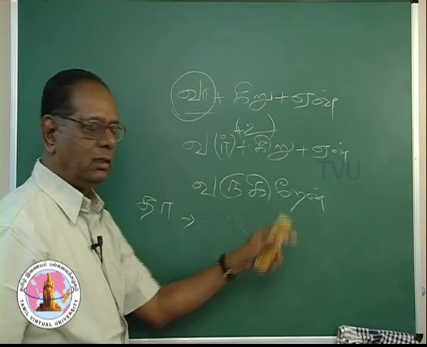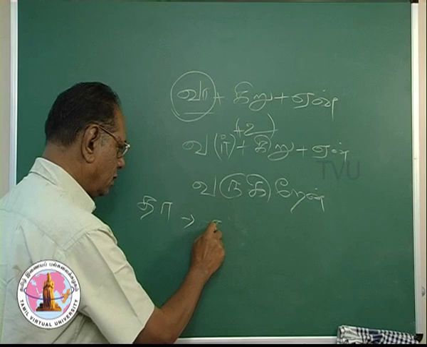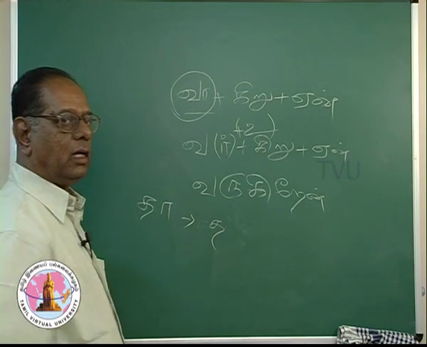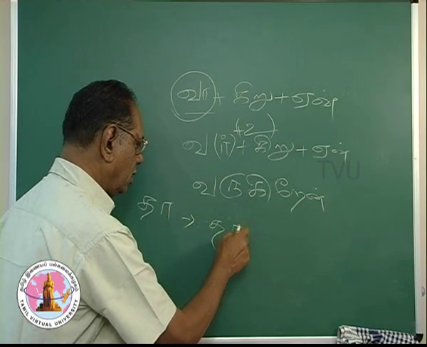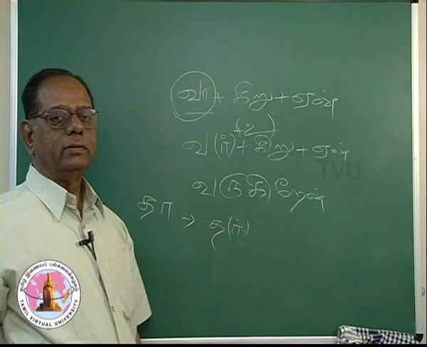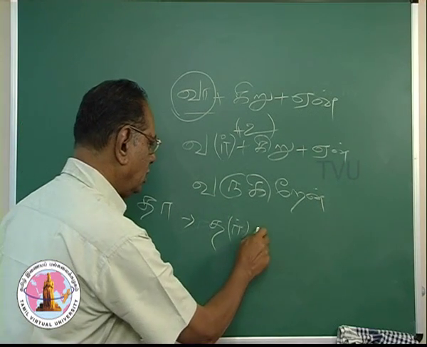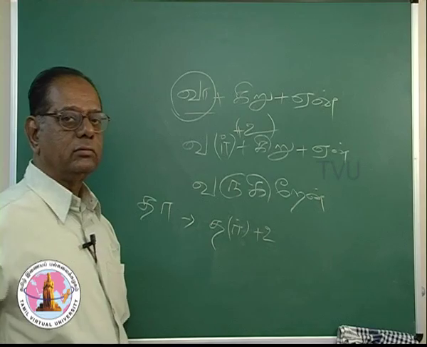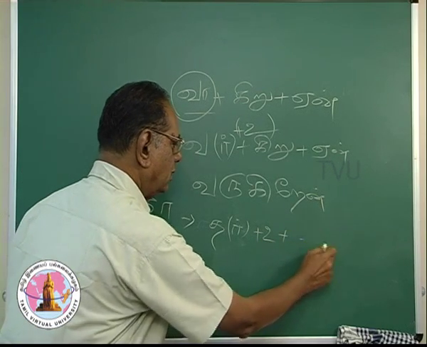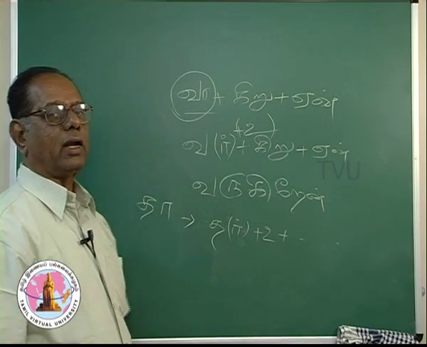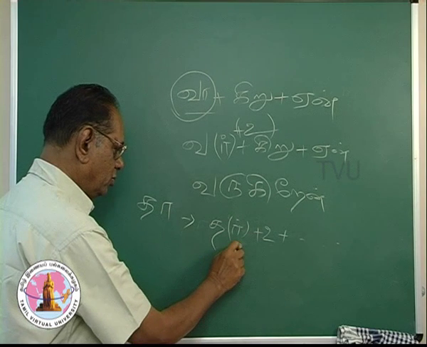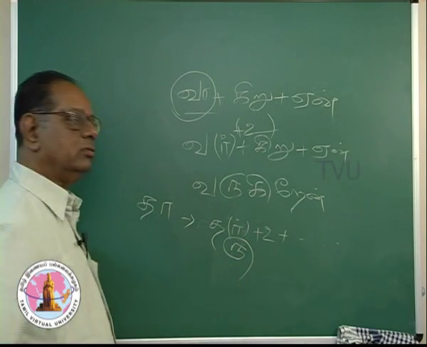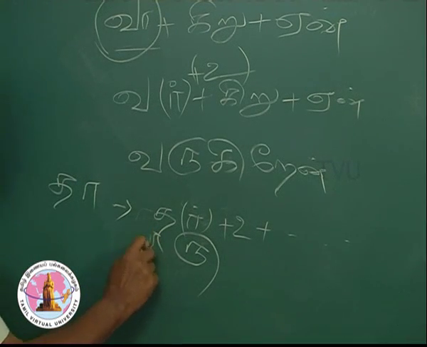What is it? Shortening it, introduction of a consonant, addition of a vowel, plus the tense marker and the person marker. So this becomes ru and ta.